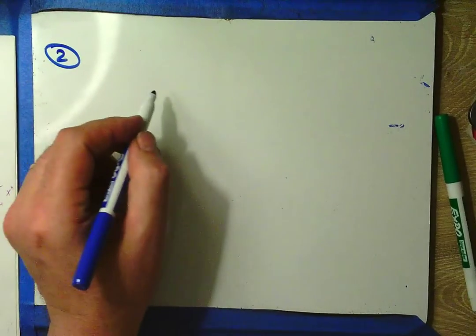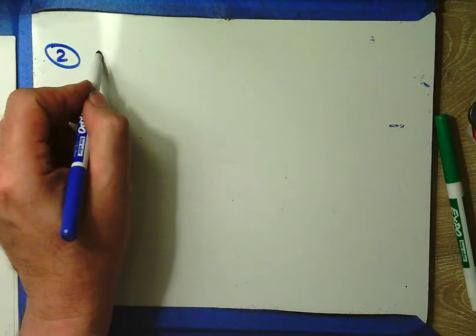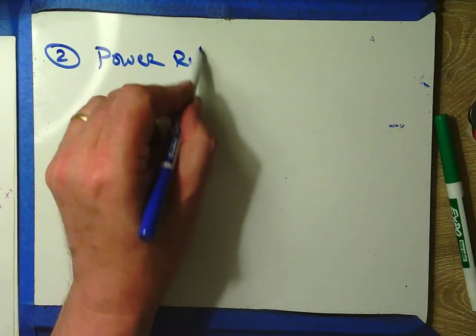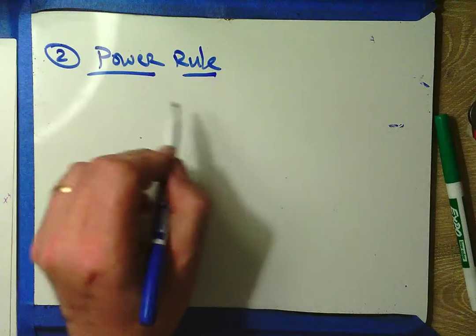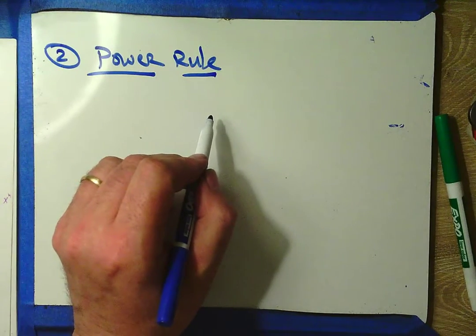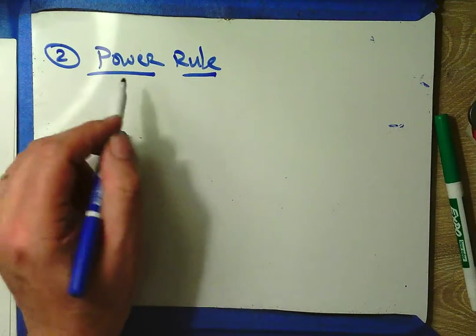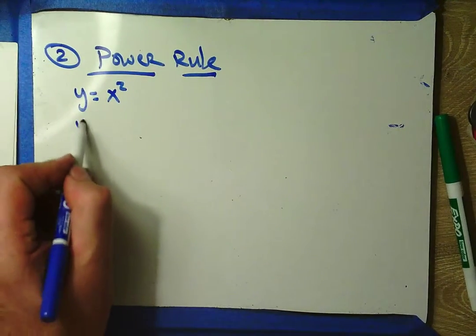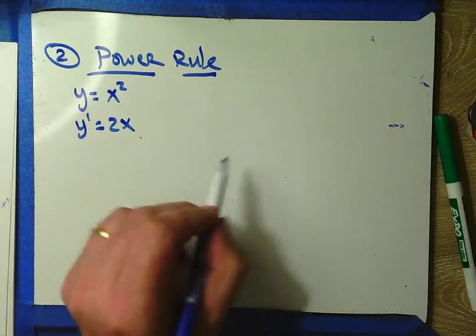Okay, number 2. We already explored this with the microscope rule. Number 2, the power rule. This is common. It's the one that many of you know about. So if I have y equals x squared, then y prime is 2x.